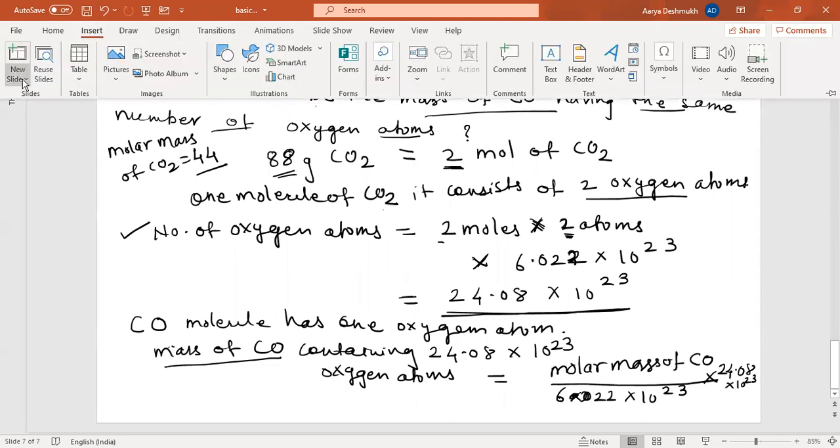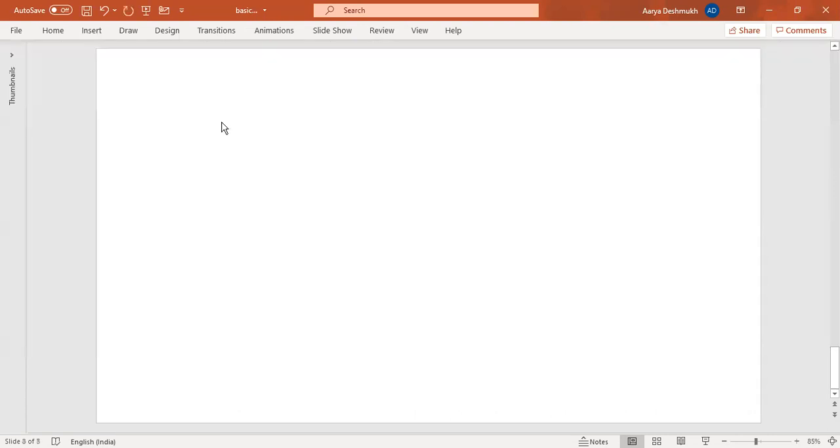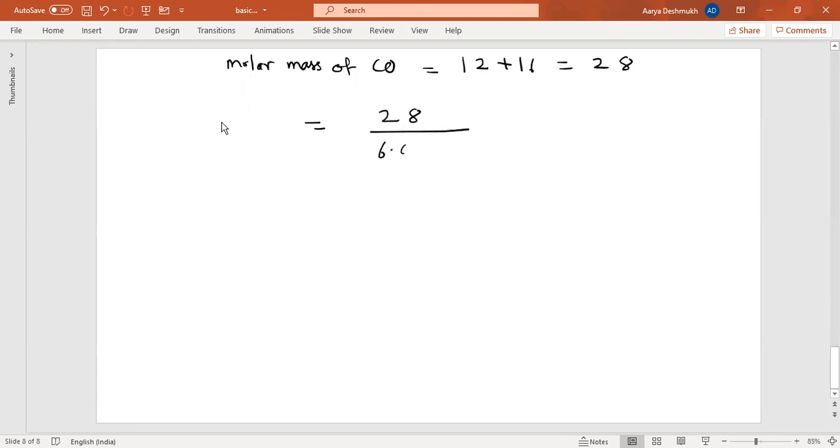So here, you can substitute the molar mass of CO. Molar mass of carbon monoxide would be 12 plus 16, so that is 28. Now I'll try to write it again. So that will be equal to 28, that is molar mass of CO, divided by Avogadro's number 6.022 into 10 raised to 23, into this much number of oxygen atoms.